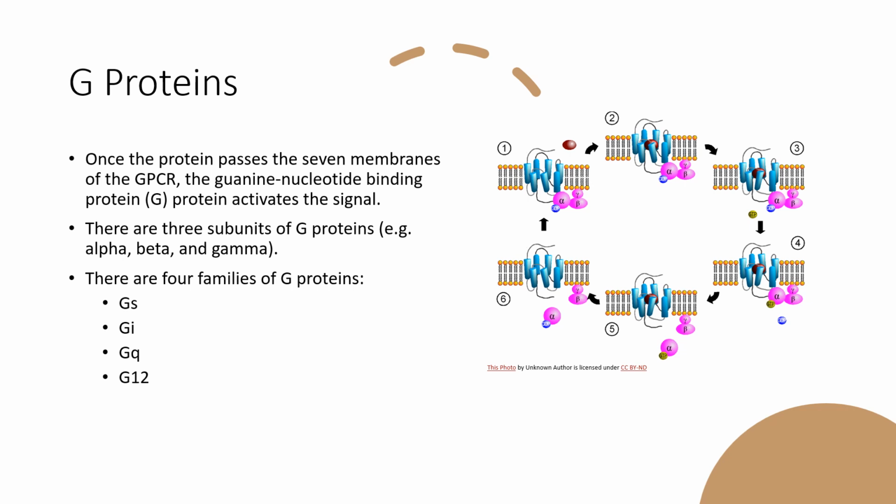Then the GDP on the alpha subunit is replaced with guanosine triphosphate, also known as GTP. That can be seen in step 3.